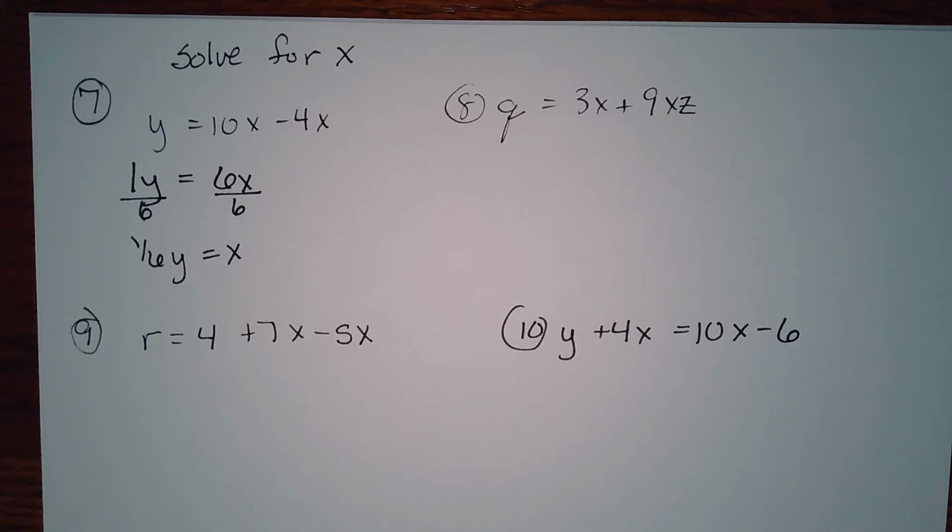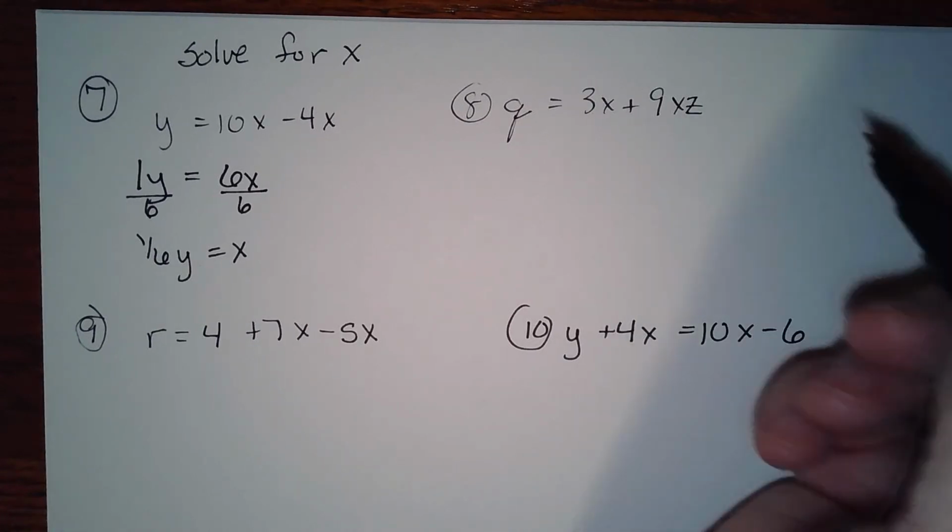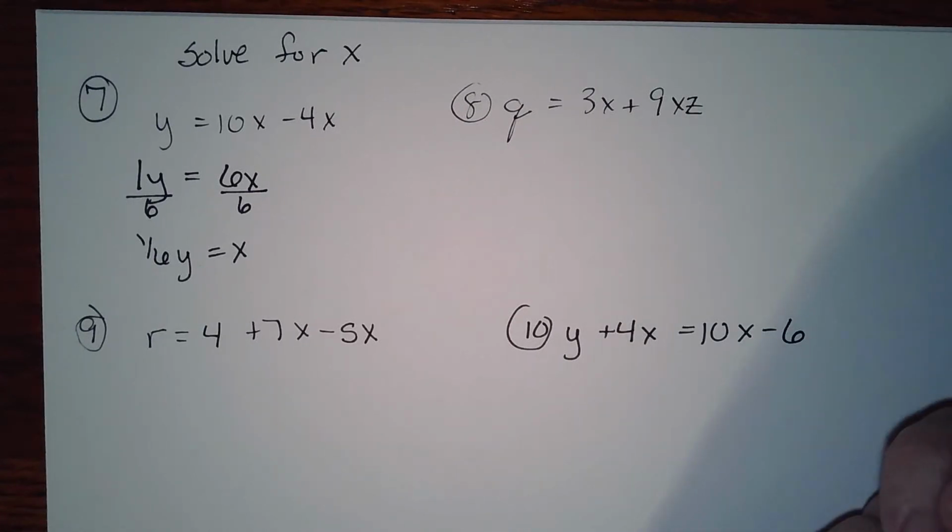Now let's look at number 8. Number 8 has a lot of issues. So the first thing we're going to do is go, okay, I can't combine 3x and 9xz because the z is on the back of this. Now, we have not talked about the factoring.